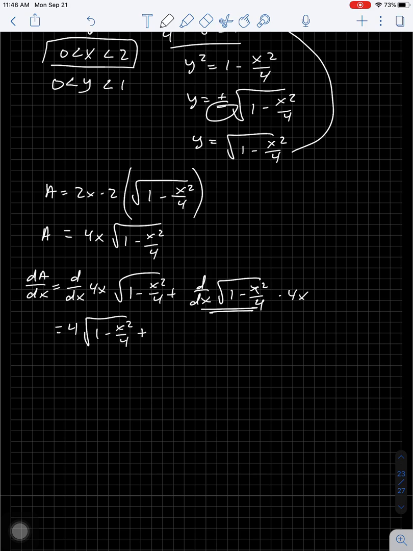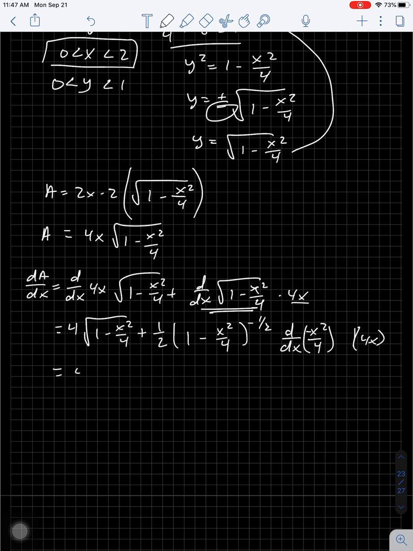And the derivative of this is a chain rule. The derivative of the outside function, okay, that's how the root works. It's a 1/2 power, bring it down, drop by 1, evaluated at the inside function, times the derivative of the inside function. Okay, and then I'm dropping my 4x down as well.